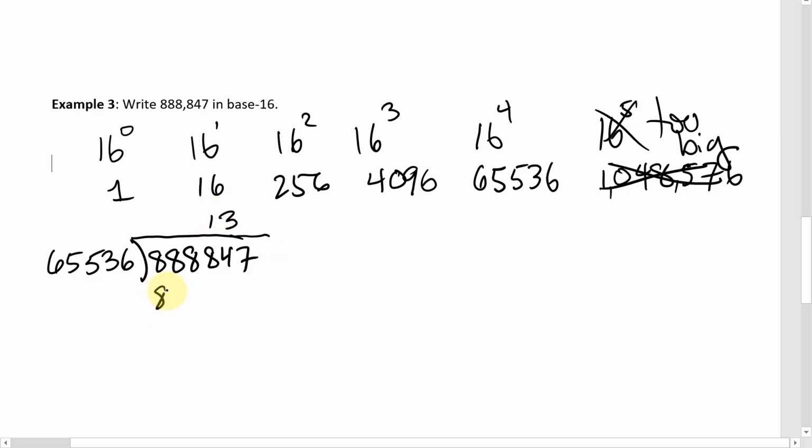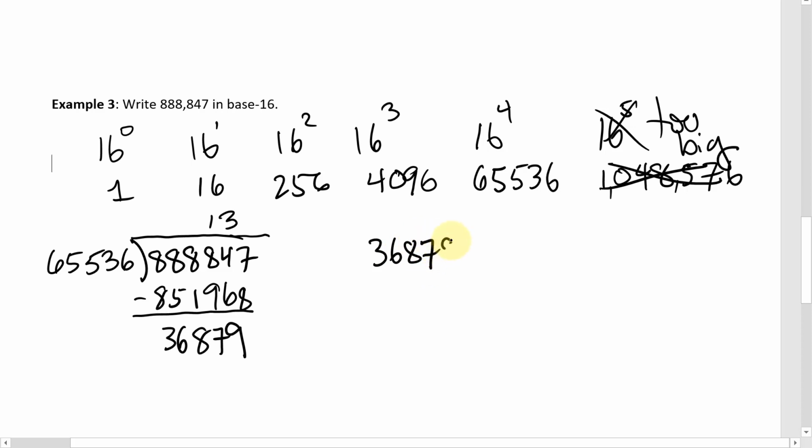So multiplying, I get 851,968. And then subtracting, 36,879. So we take the 36,879 remainder and divide by the next lower power. We've done this one, so now we go to that one.